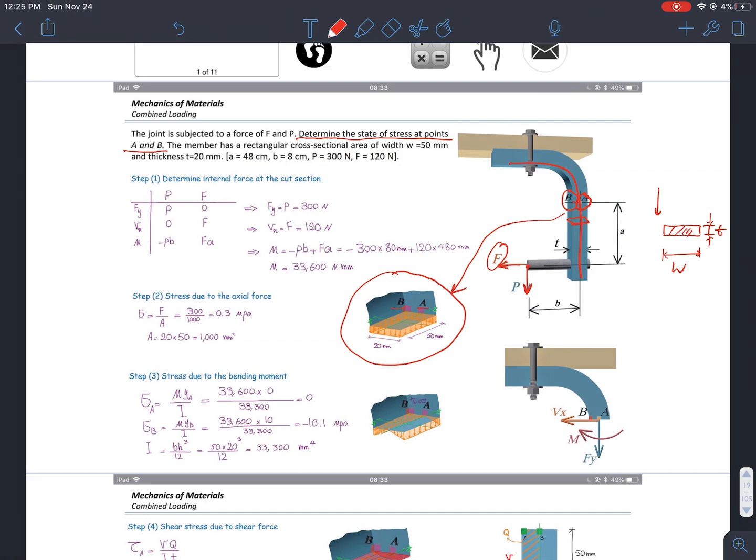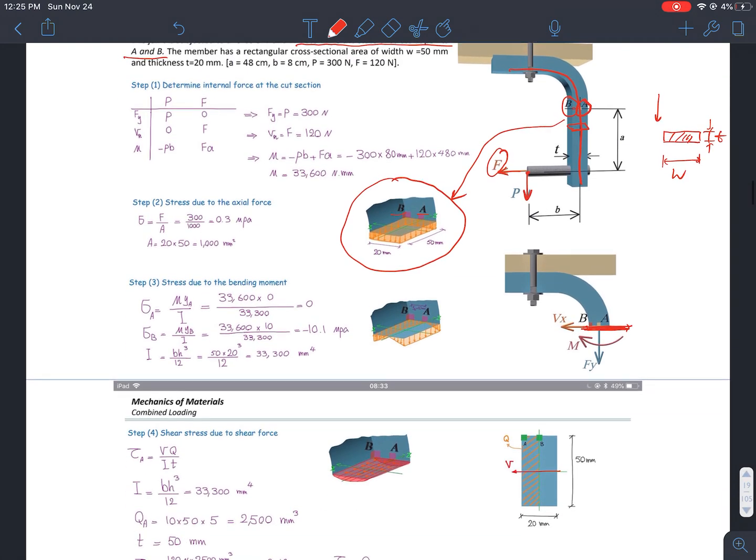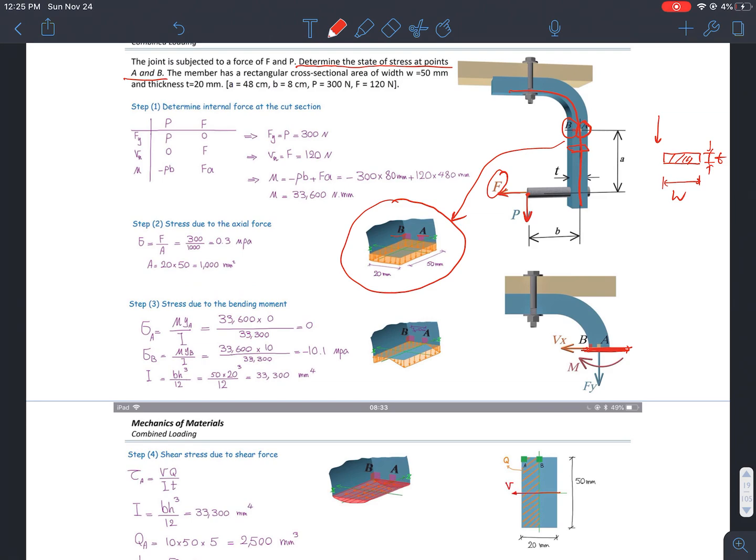First things first, I need to make a cut. This is the cut right here along A and B. Once I made the cut, I can then examine what kind of internal forces there are on this cut.